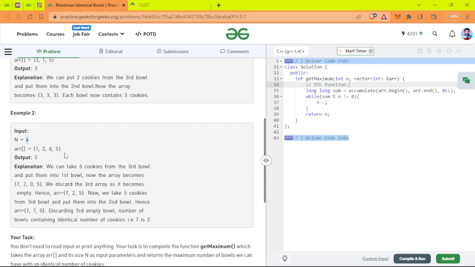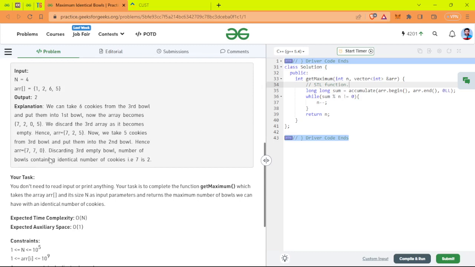We can't increment the number of balls. So we will start from 4 and go on till n equals 1, because 1 will divide all the numbers, right? So we will go till n equals 1 and we will check the number of balls which will divide the total sum of the cookies, and that number of balls will be the answer.